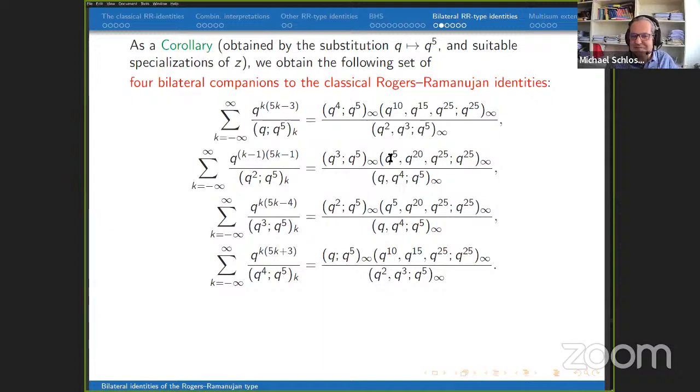That you maybe want for a combinatorial interpretation. I just decided to put the products all on one side, but for certain interpretations, it might be good to rewrite this.